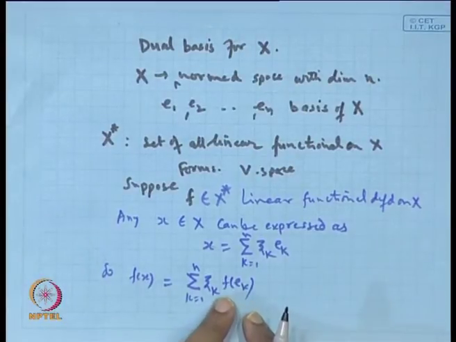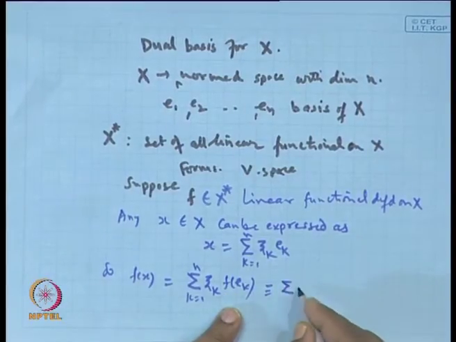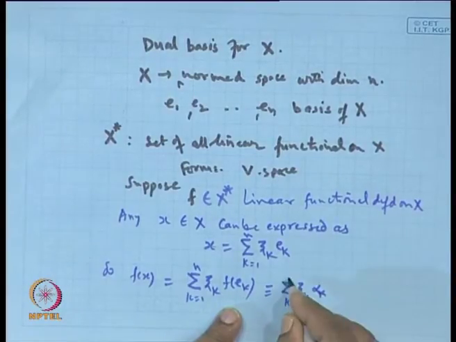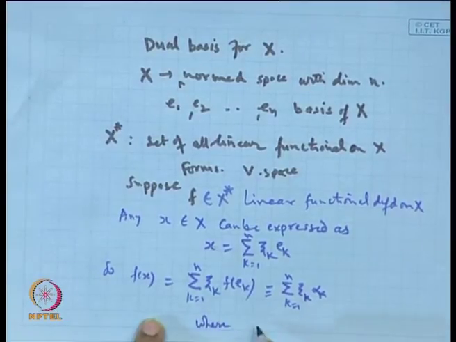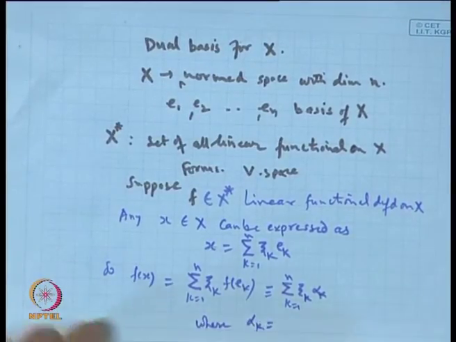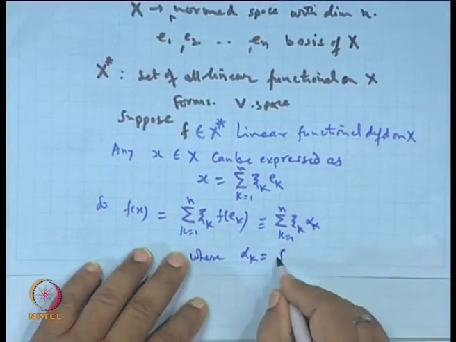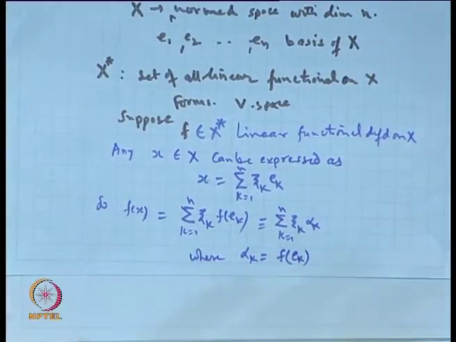Now, f is a functional, so f of E k will have some scalar value. So, let this be equal to sigma xi k alpha k, k is 1 to n, where alpha k is the value of E k under f. Okay. This much we can say.